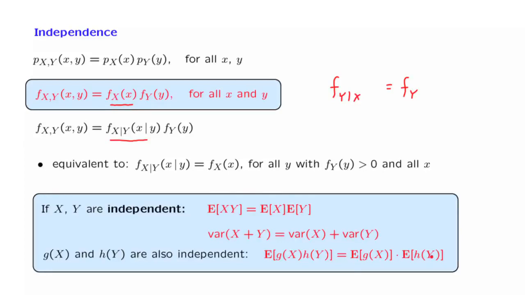So, independence of continuous random variables is pretty much the same as independence of discrete random variables as far as mathematics are concerned, and the intuitive content of the independence assumption is the same as in the discrete case. One random variable does not provide any information about the other.